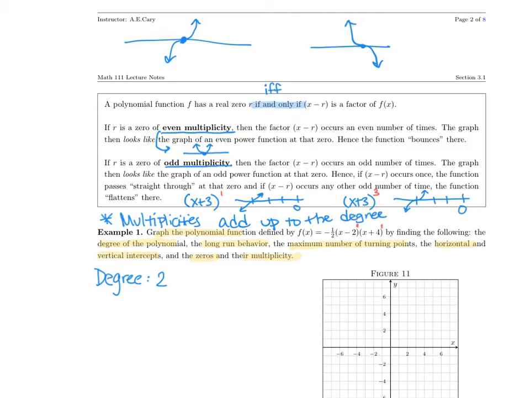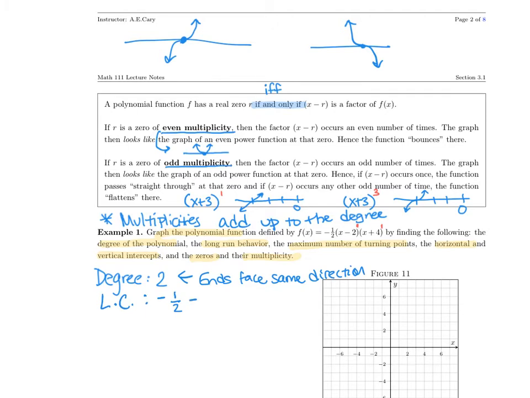Now remember, this means, since it's an even degree, that both of the ends are going to face the same direction. And I mentioned earlier the leading coefficient, that's the number out in front, is a negative 1/2.